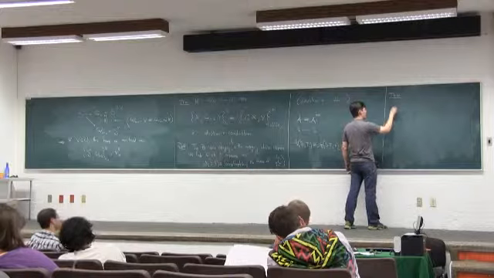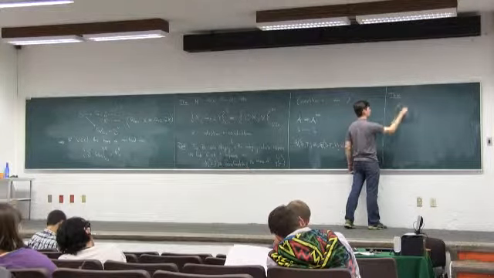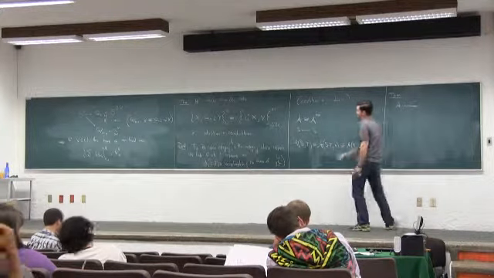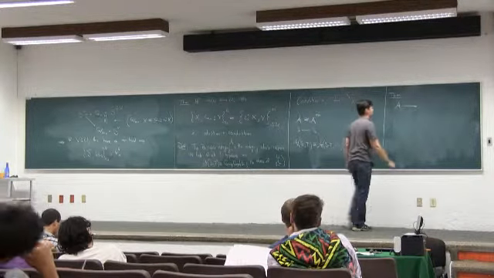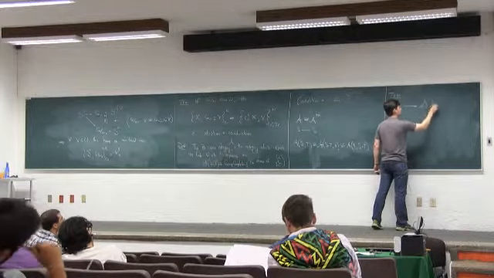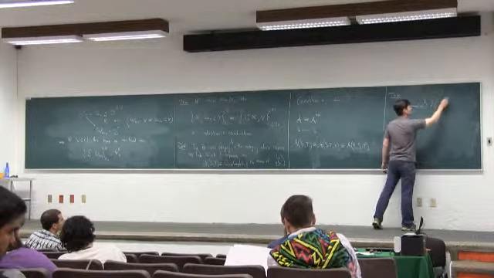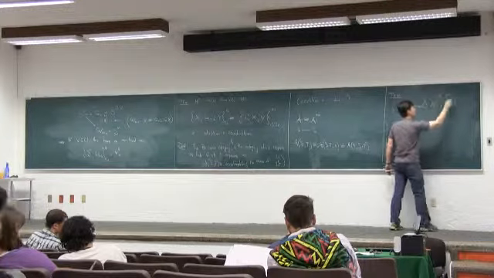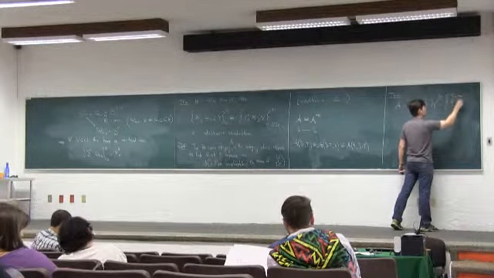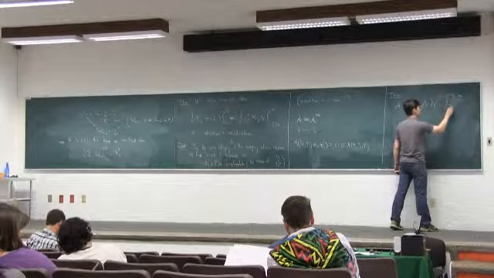There's a functor from the Burnside category to this category, which I'll call SW for Spanier-Whitehead, and this is finite G-CW plus complexes with stable maps.